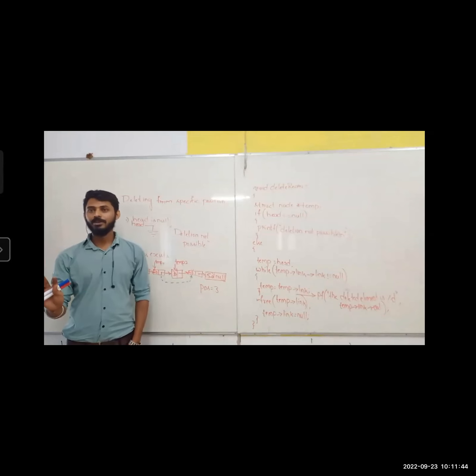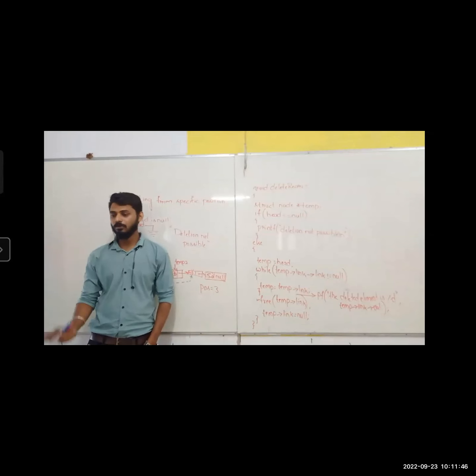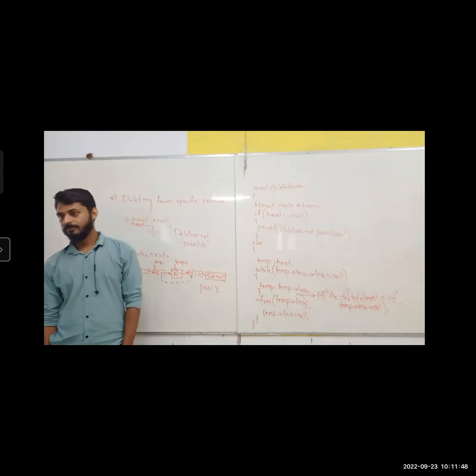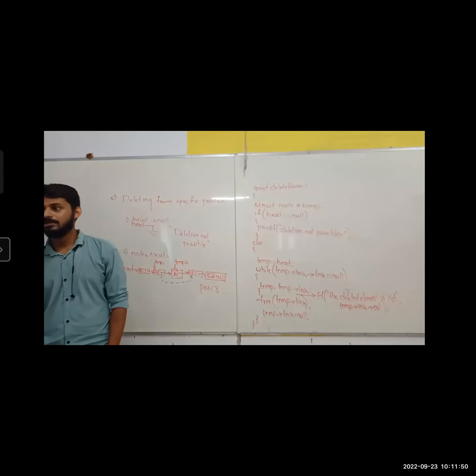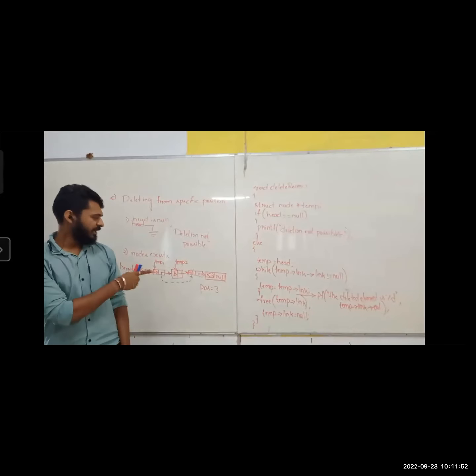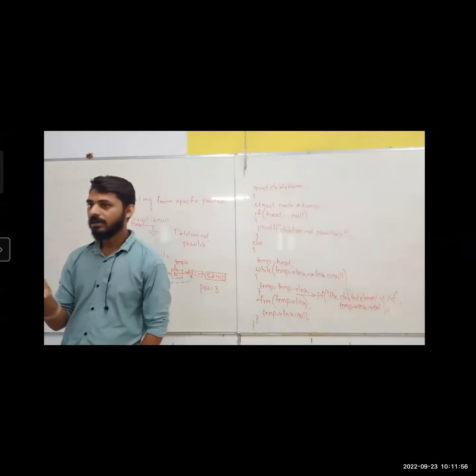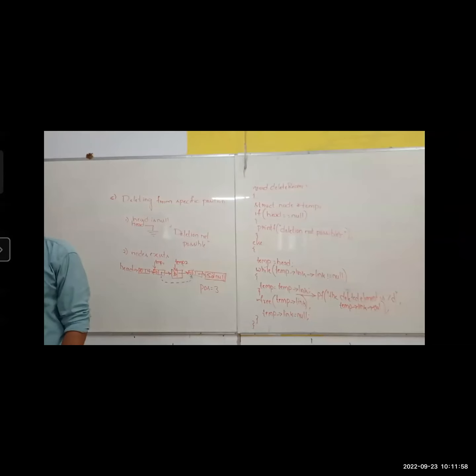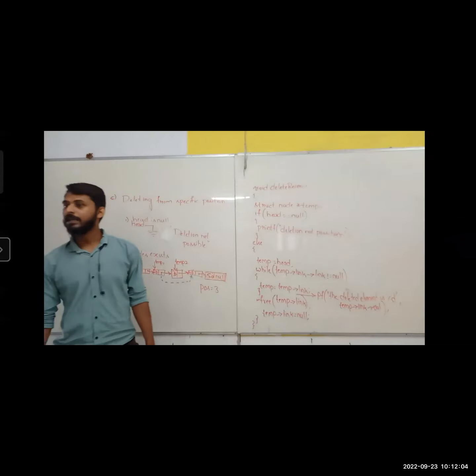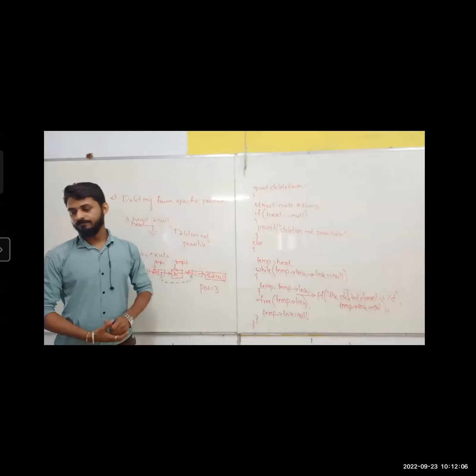I am asking you, if I print temp, what will I get in output? Address. Anywhere did I use an index here? Arrays are long done. I'm speaking about linked list. Nowhere have I used an index here. It will print the address. Getting it?